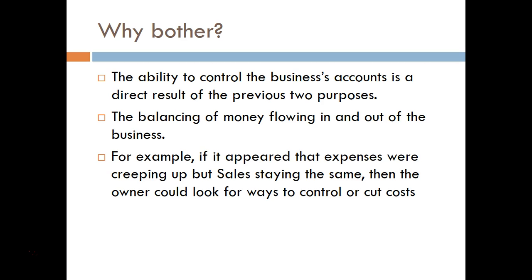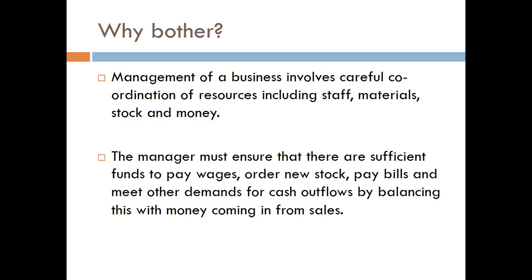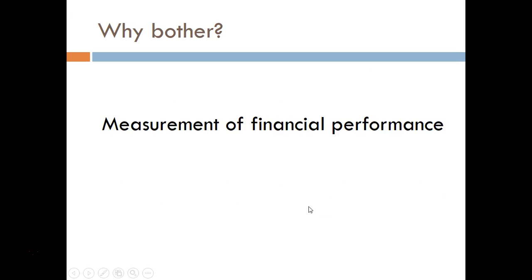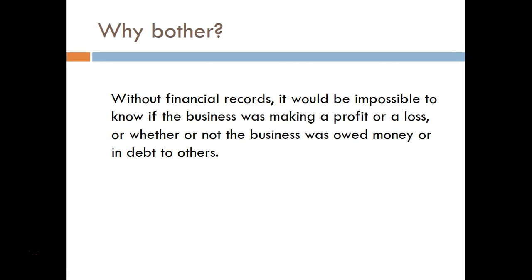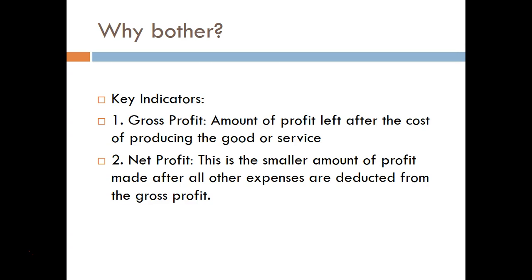So we've talked about control. We've talked about management of the business, whether you're hiring more people, you need to pay wages, order new stock, pay bills, things like this. These are all the key points. And we've also talked about financial performance, whether or not you're making a profit or a loss.